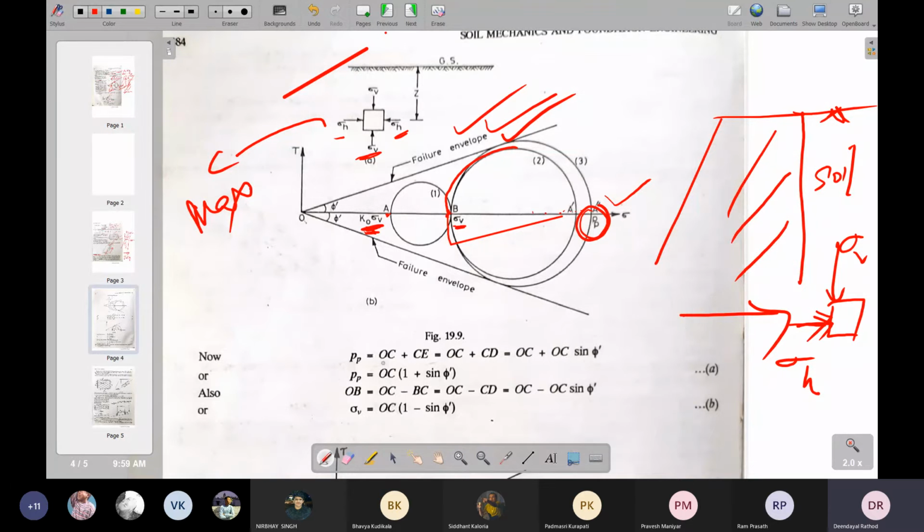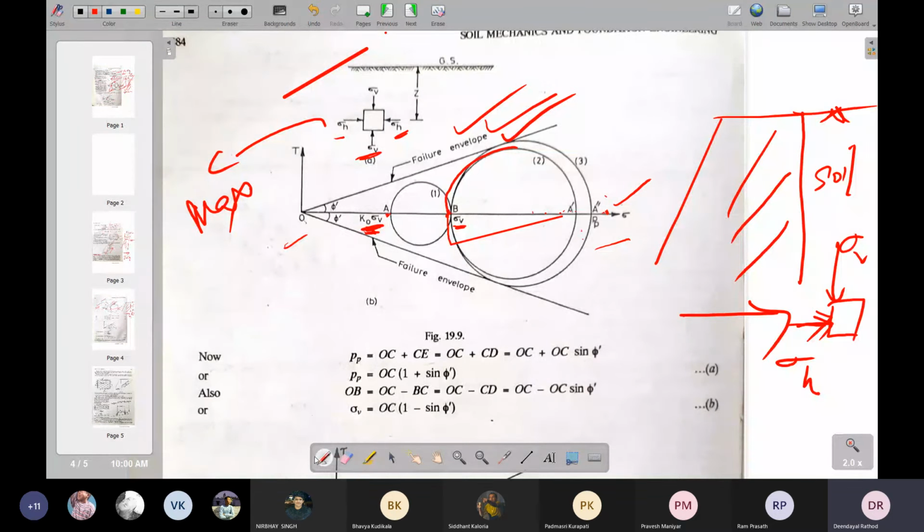This Pp can be found out as OC plus CE. Where is that OC? Let me check it.